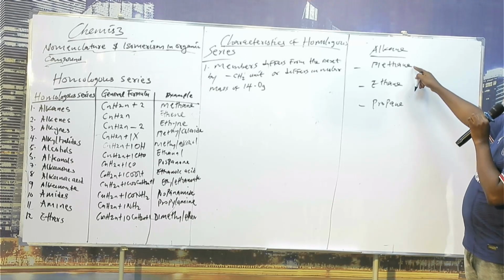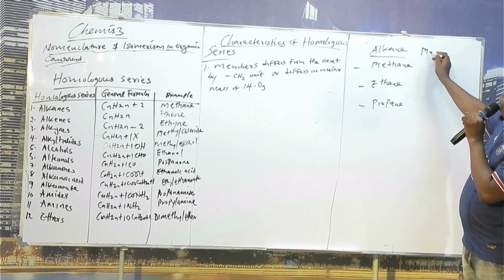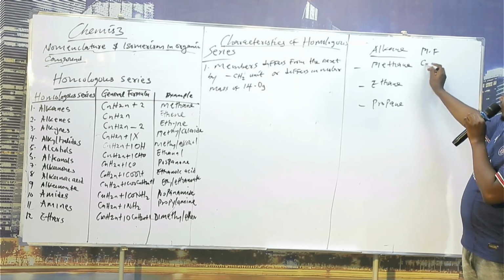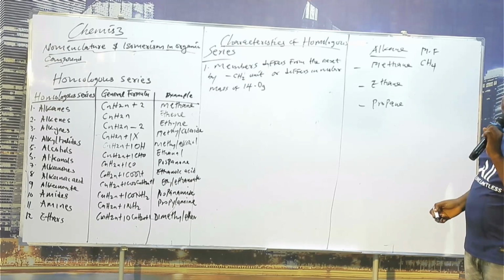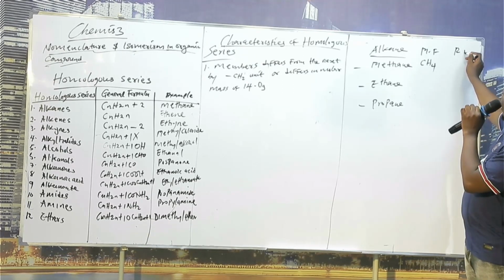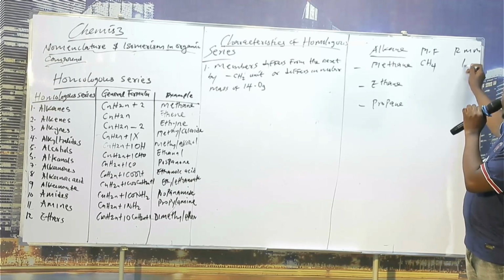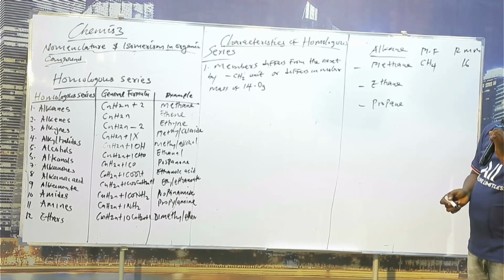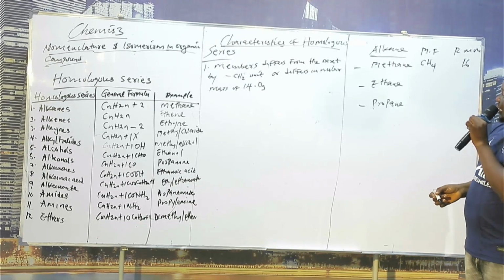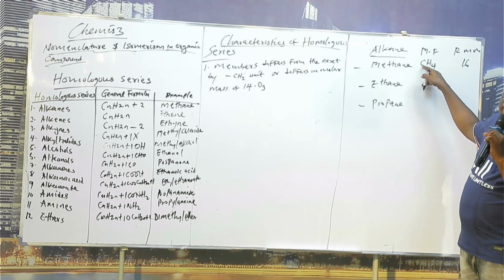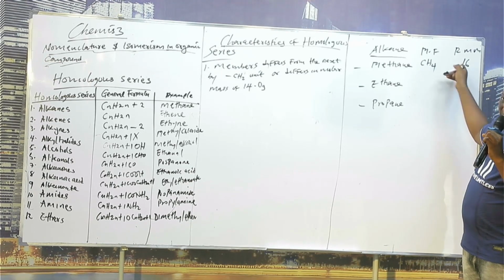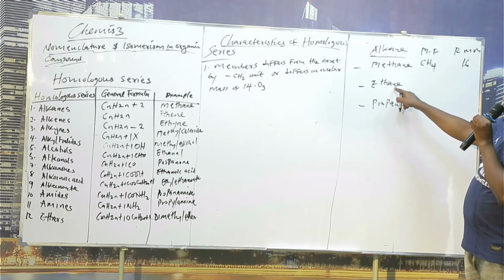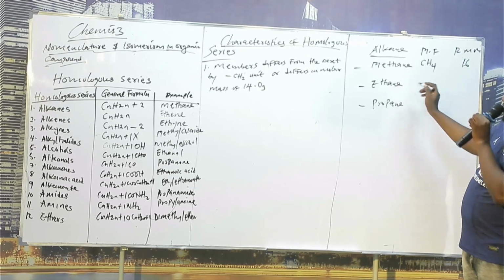Molecular formula of methane is CH4. Relative molecular mass of this one is 16. Do you know how we got that? That is the atomic mass of carbon, 12, then add its 4 hydrogens. That gives you 16. So what is the molecular formula of ethane?